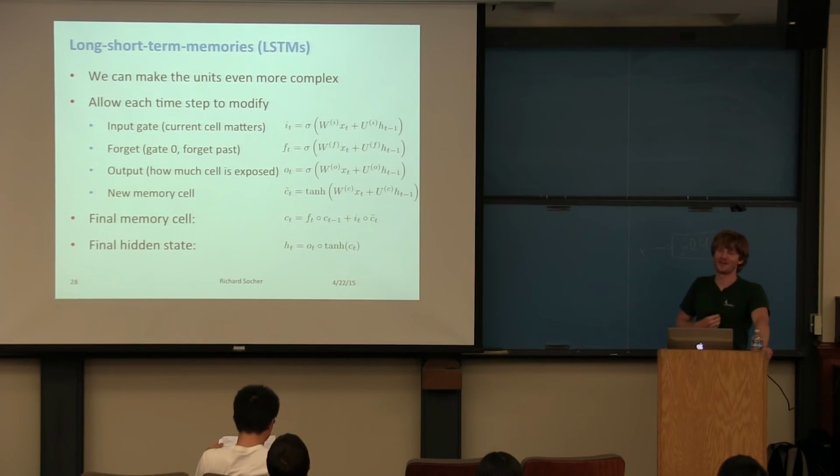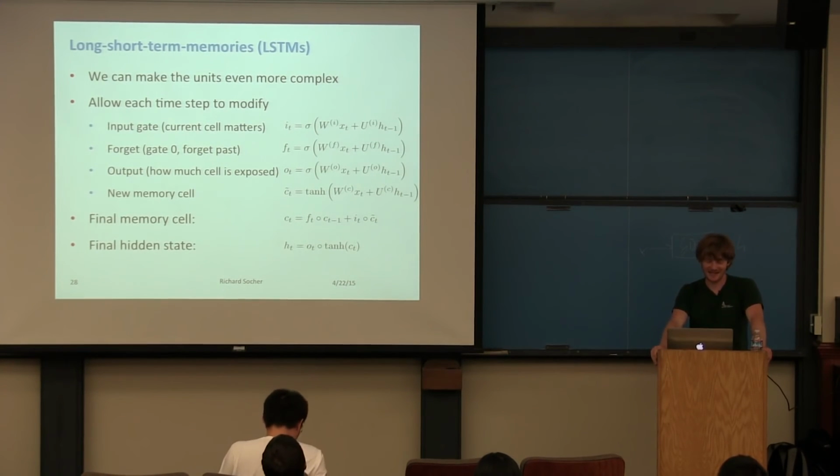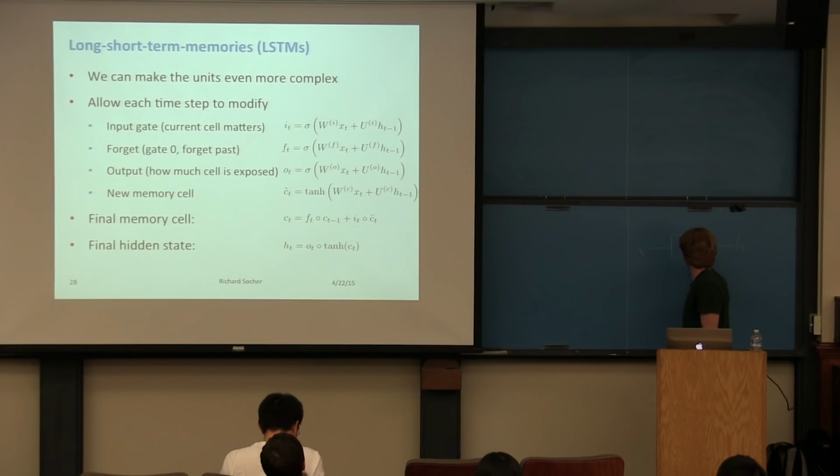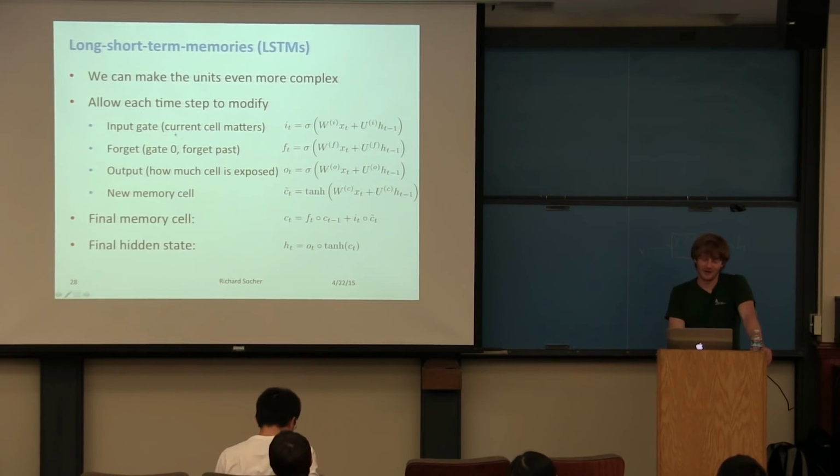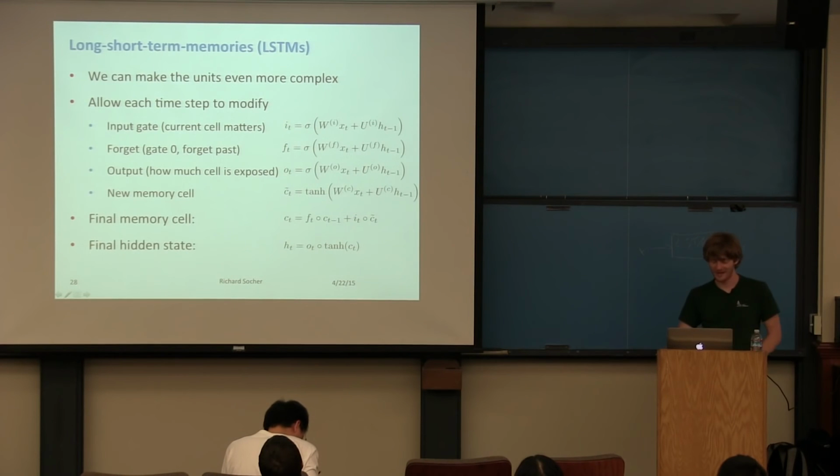So let's walk a little bit through the intuitions of an LSTM. And again, most people in the end will just write, this is an LSTM, and not care that much about the internals. So we have basically now 3 different kinds of gates. So we have an input gate that basically will be very high if the current input actually matters, and you want it to really update.